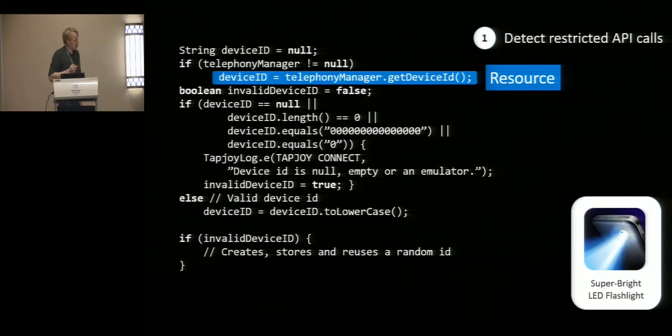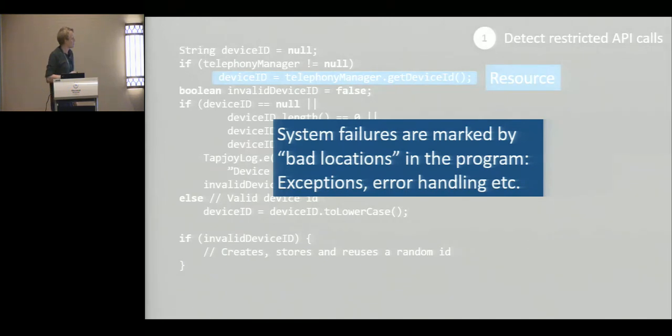For this, we have the following intuition. In our system, we say that system failures are marked by bad locations in the code. For example, that might be exception throwing, error handling, etc. This is essentially the metric that we're using to define whether our system will fail or not.